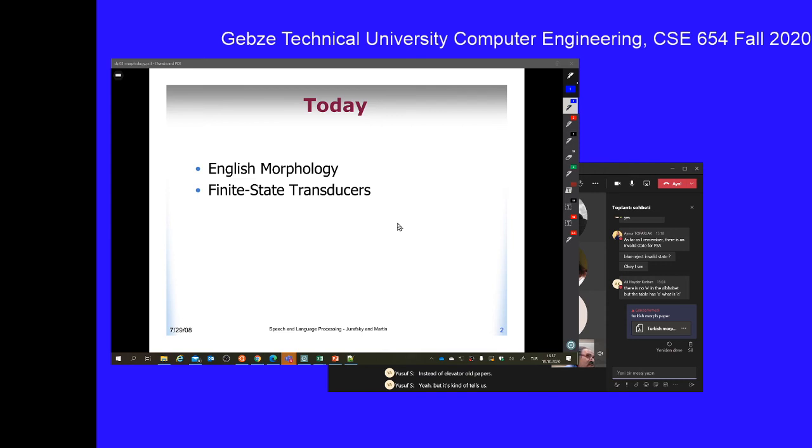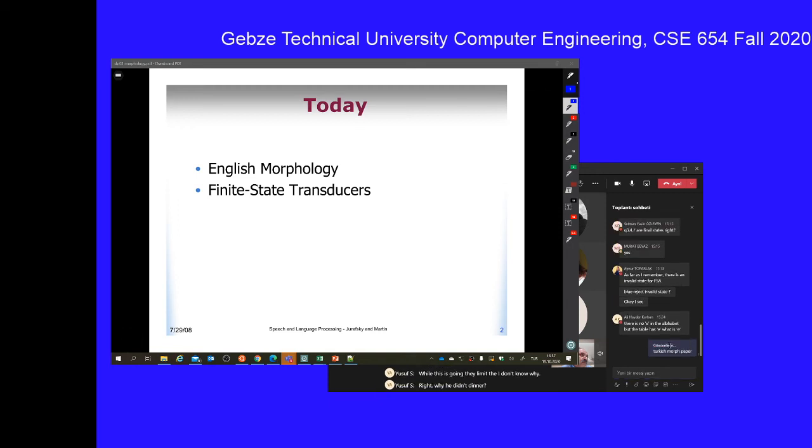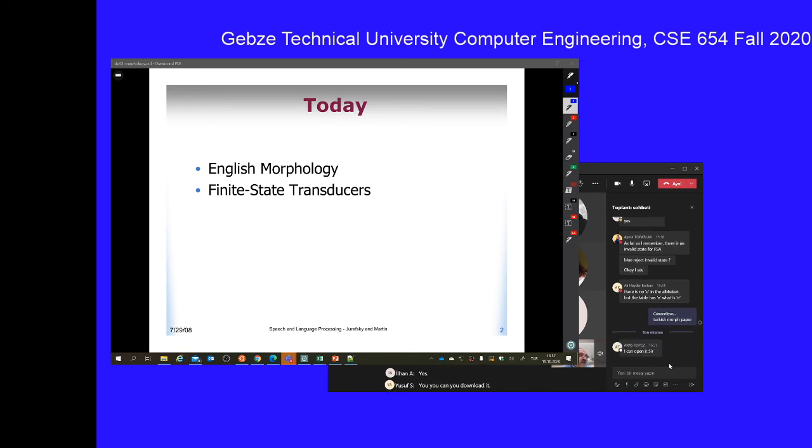Well, it says gönderilemedi. I don't know why. Yeniden dene. Actually, I can see the paper. You see it? Yes. Can you download it? Actually, I can open it. It's no problem.